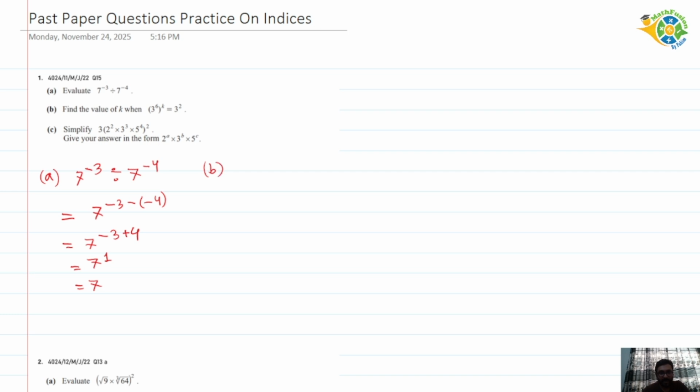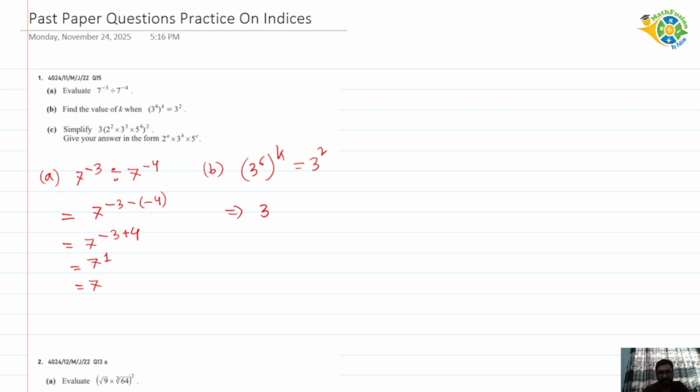So question B tells us to find the value of k when 3 to the power 6, whole power k, equals 3 to the power 2. So first we need to apply the power of a power rule to the left hand side. So 6 and k will be multiplied.